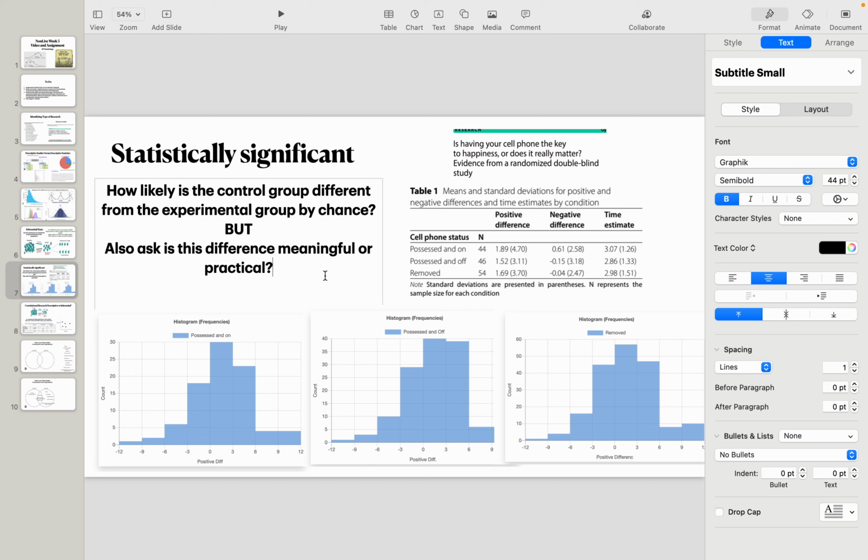But it's not very practical or meaningful because when I measure IQ, there's a range of values that I would expect to find if I re-measured the same person's IQ. That usually is plus or minus 5 or 3, depending on the age of the kid. So always ask yourself, does something really matter even if you see it as being statistically significant?